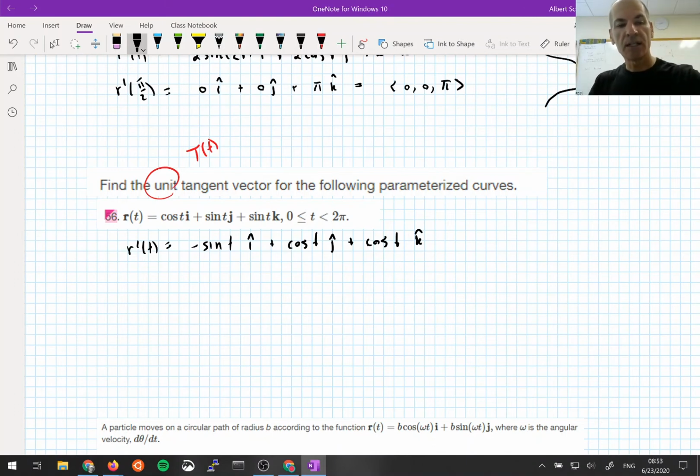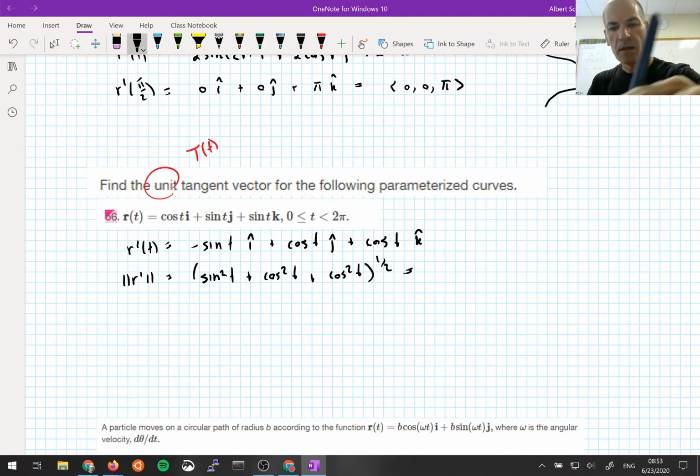How do we figure out T? Well, we have to figure out the magnitude of r prime. And that's the square root of the sum of the squares. So square root of sine squared t plus cosine squared t plus cosine squared t. I can take two of these and use the Pythagorean identity. And what's left is the square root of 1 plus cosine squared t.